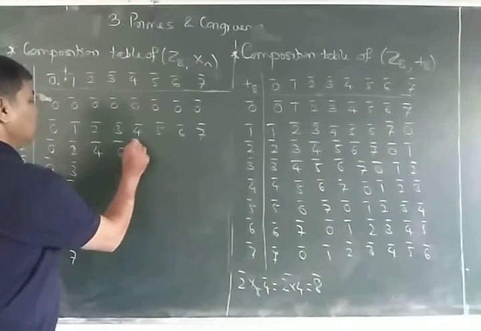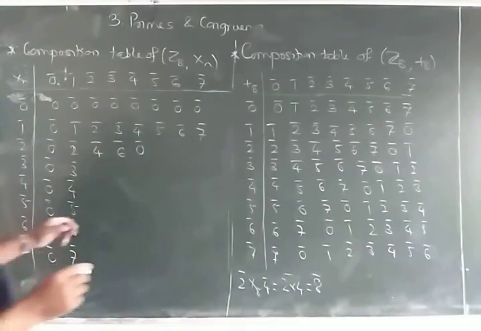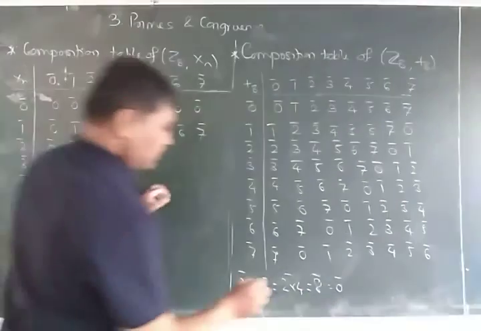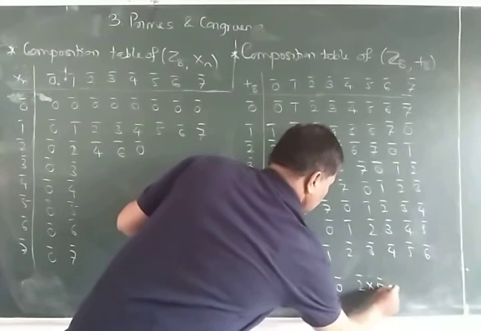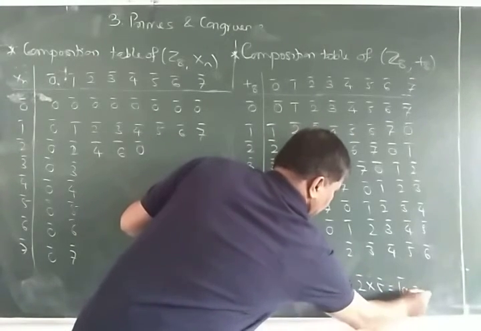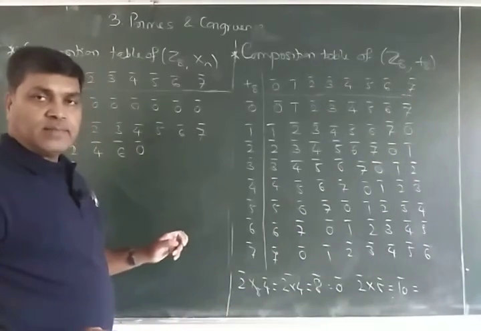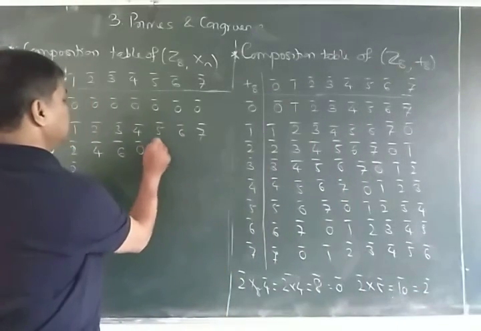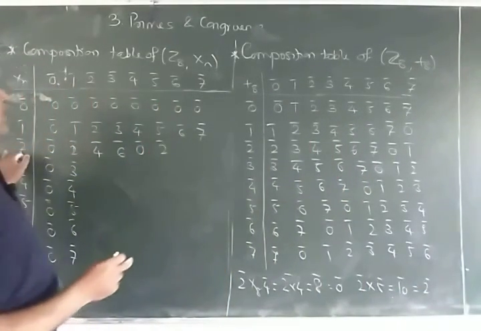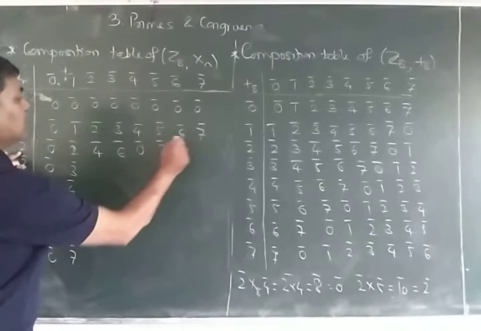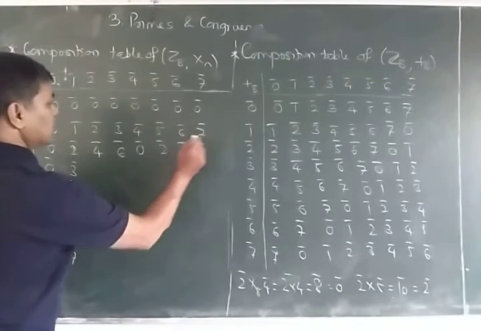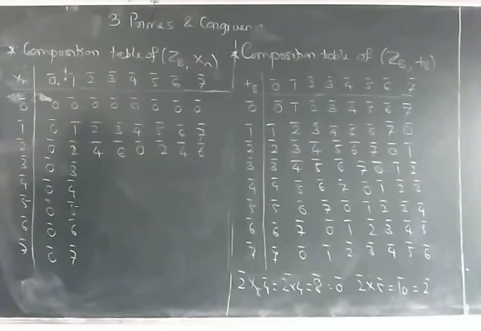So this is your 0 bar. 2 into 5 is 10 bar, and if I divide it by 8, the remainder is 2 bar. 2 into 6 is 12, and 12 divided by 8 gives remainder 4 bar. 2 into 7 is 14, divided by 8 gives remainder 6 bar. So here the elements are repeating.